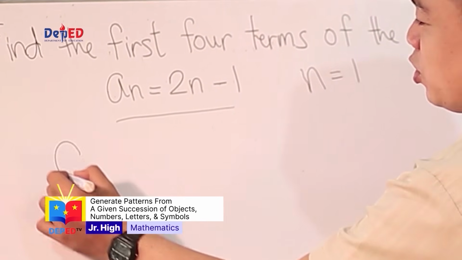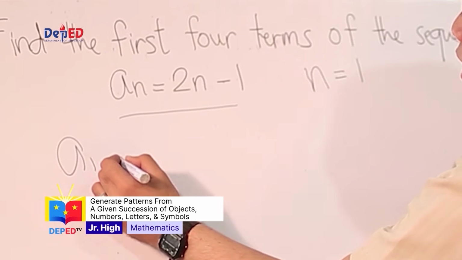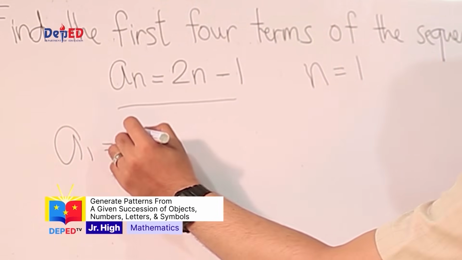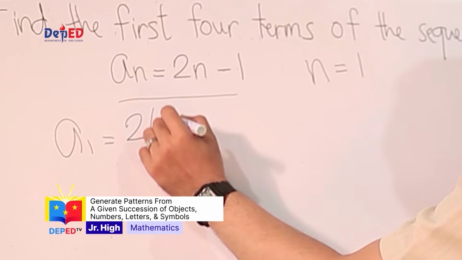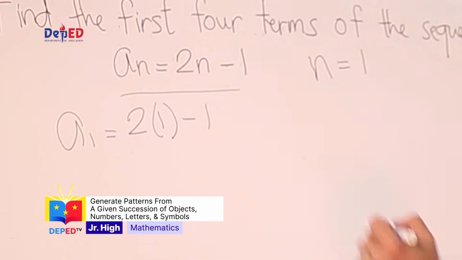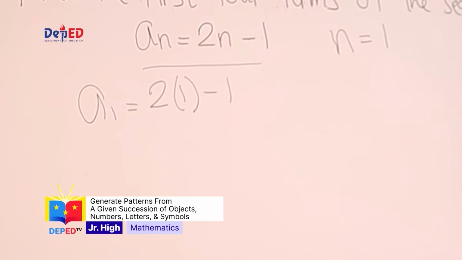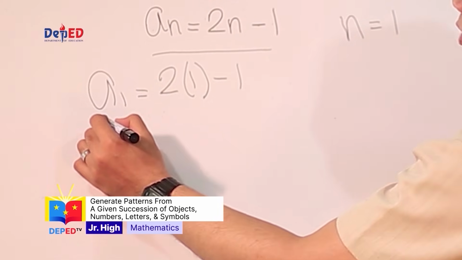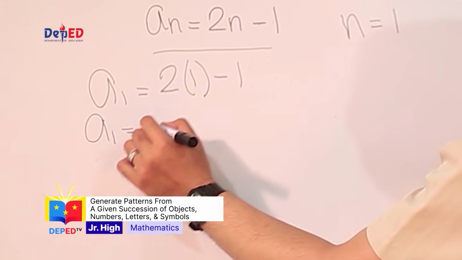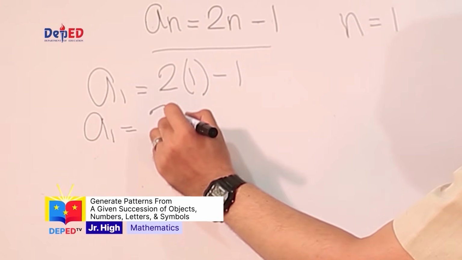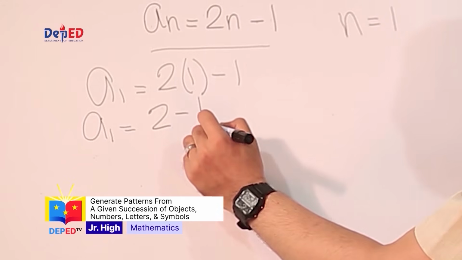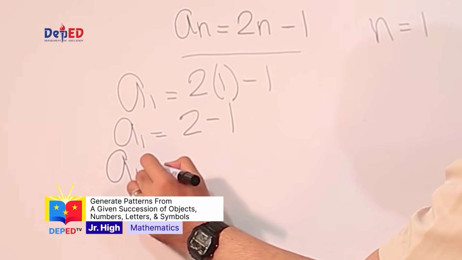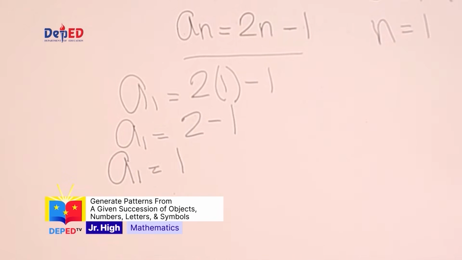Next, we will substitute n by 1. So that will be equal to a sub 1 is equal to 2 times 1 minus 1. Next, perform the operations. So you have a sub 1 is equal to 2 times 1, that's 2, minus 1. Simplify, you have a sub 1 is equal to 1.